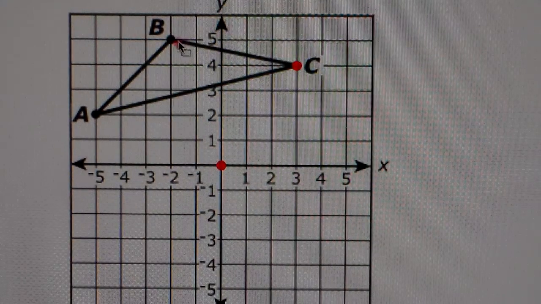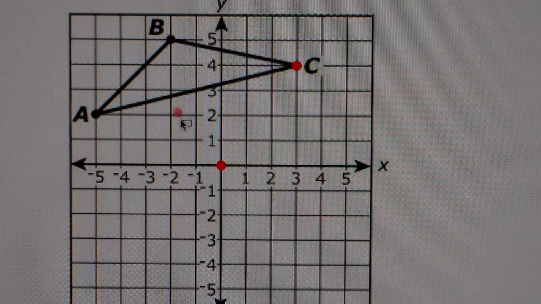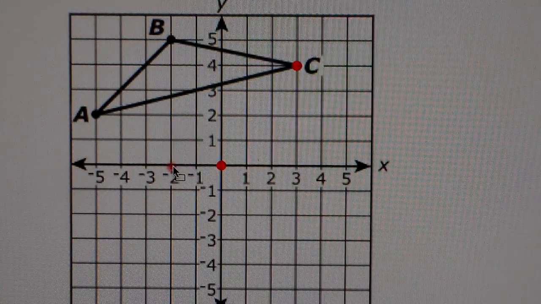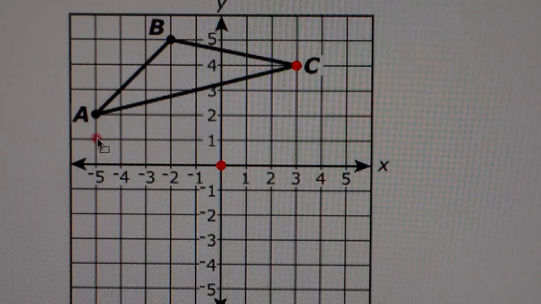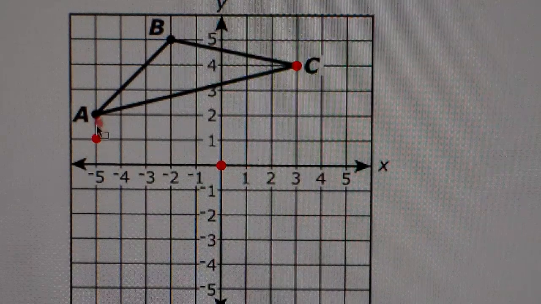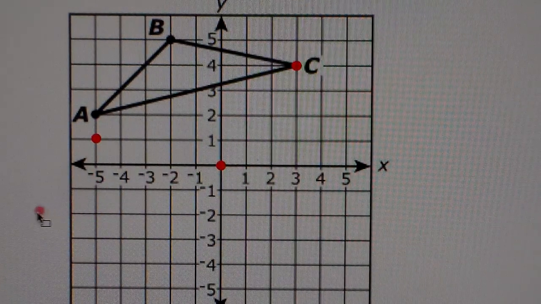We take our B. B also has to go down 4 and to the left 3, so that's our new B. And A has to go down 4 to the left 3. 1, 2, 3.